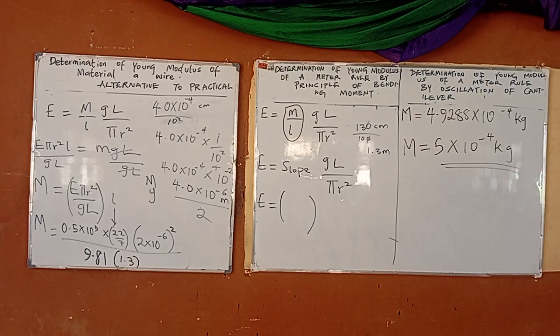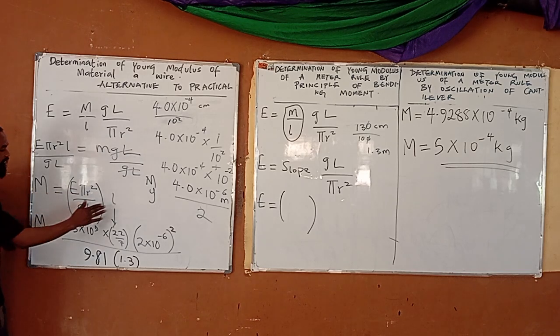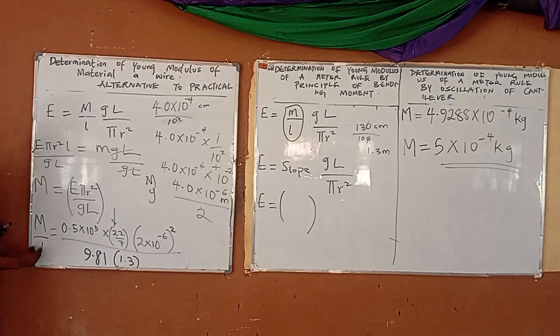See what I'm trying to do. Hope you remember that by the time you do this, this is the sentence saying m over l is equal to this side.